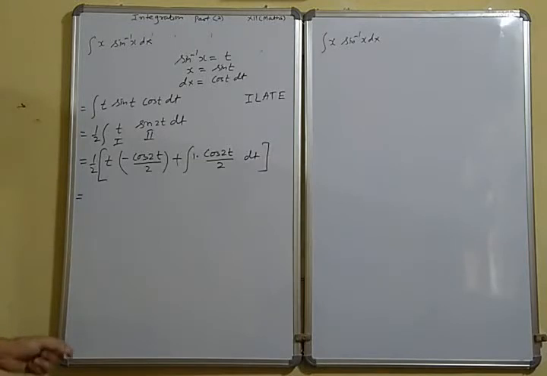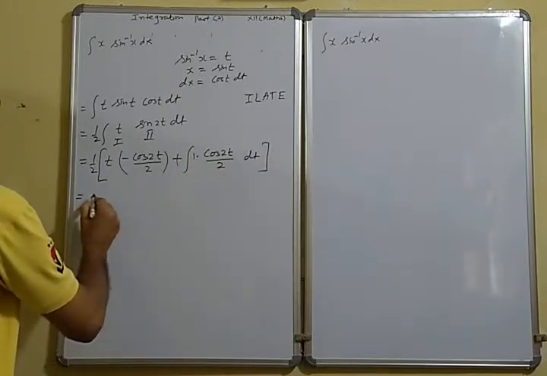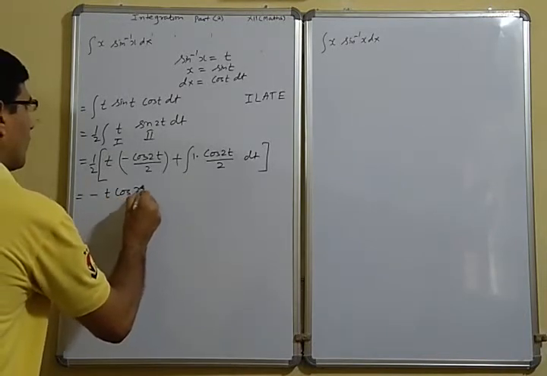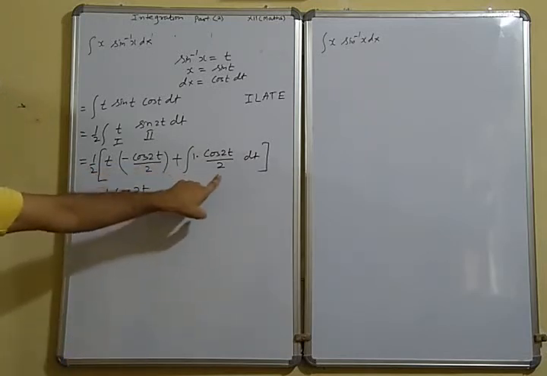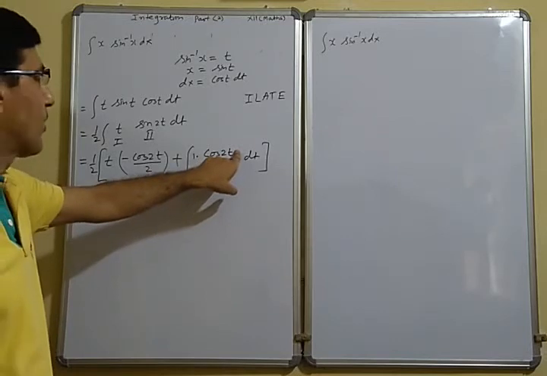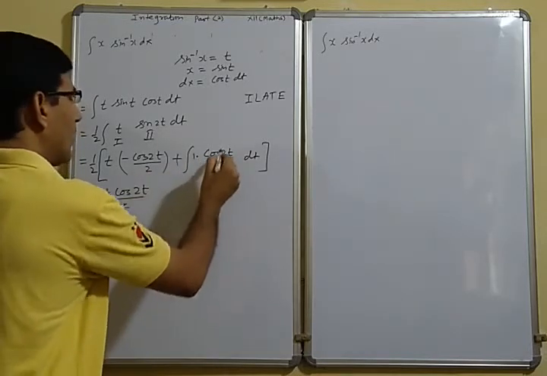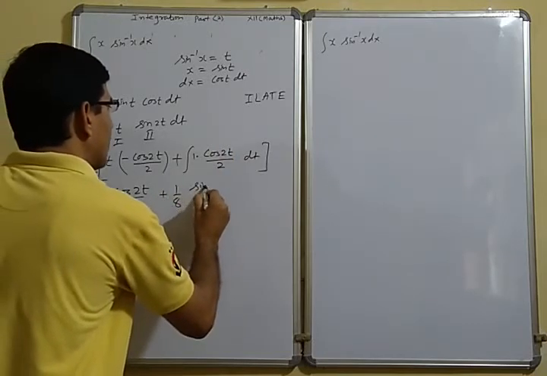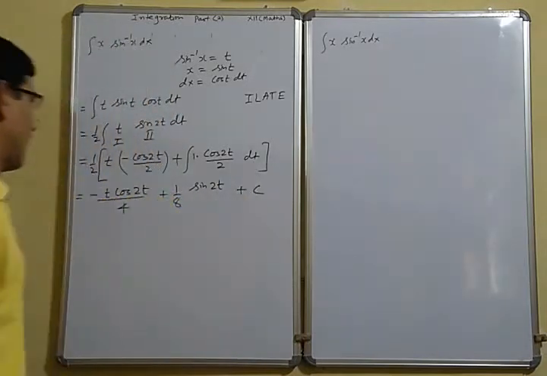Next step, again we can integrate cos 2t, so it becomes minus t cos 2t divided by 4, plus 1 by 2, 1 by 2, 1 by 4, and integration of cos 2t is sin 2t divided by 2. So it becomes 1 by 8 sin 2t, plus constant of integration.